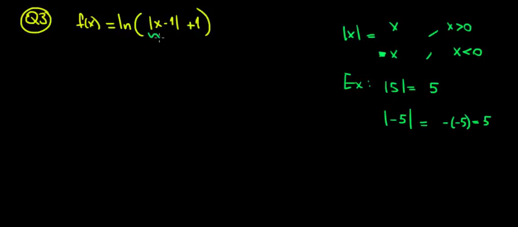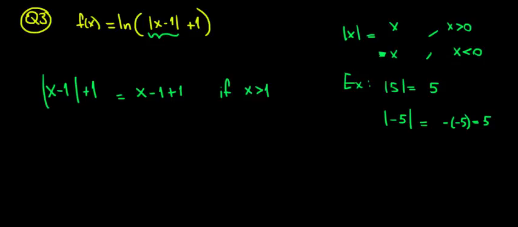How can we use this logic over here, where we have the absolute value of x minus 1, plus 1? Well, look, the absolute value of x minus 1, plus 1, is going to be equal to x minus 1 plus 1 if x is greater than 1. And why is that the case? Because if x is greater than 1, then inside the absolute value we have a positive number.